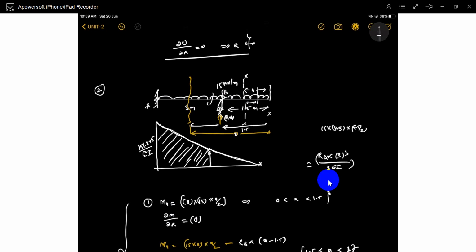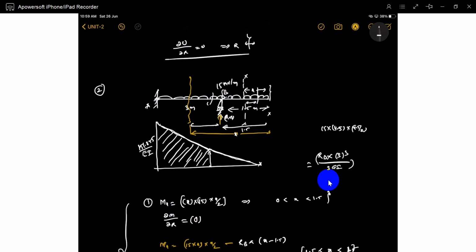This is a propped cantilever. In a propped cantilever, one extra redundant is there. To find out that redundant, we can use so many methods: deflection method, slope method, Macaulay's method, strain energy method, conjugate beam method. The extra equation is mostly that the slope is balanced or the deflection is balanced.